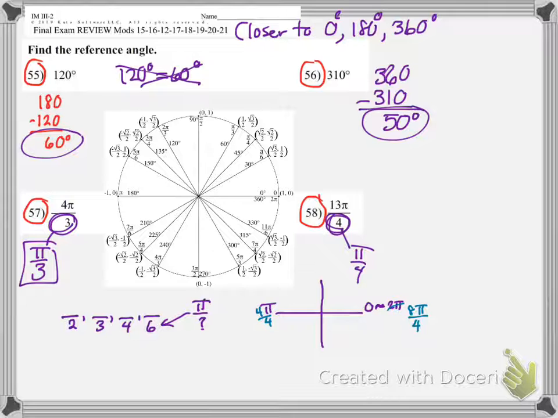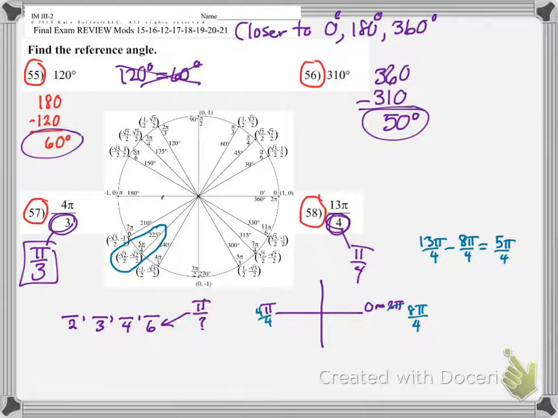And then I would take my 13 pi over 4, and I'd adjust it by taking off a full circle, 8 pi over 4, which still leaves me with 5 pi over 4. Then I could look at it on the unit circle and say, where is 5 pi over 4? 5 pi over 4, right in there.